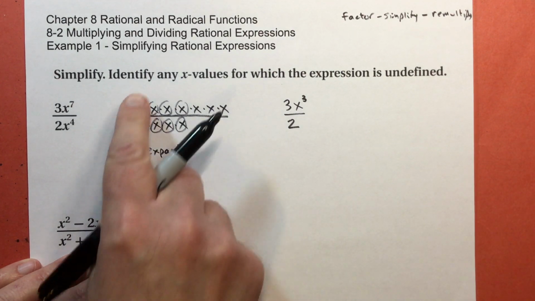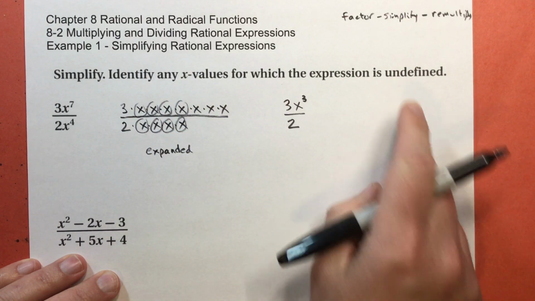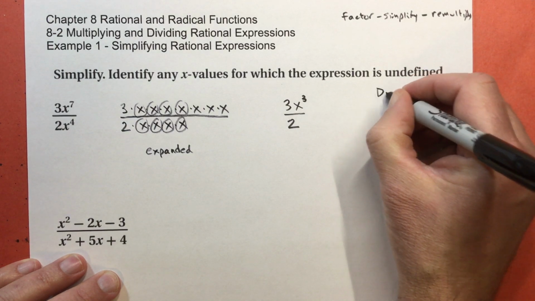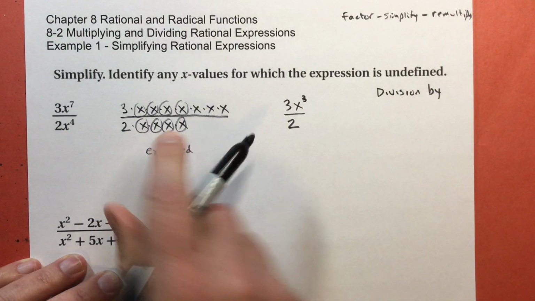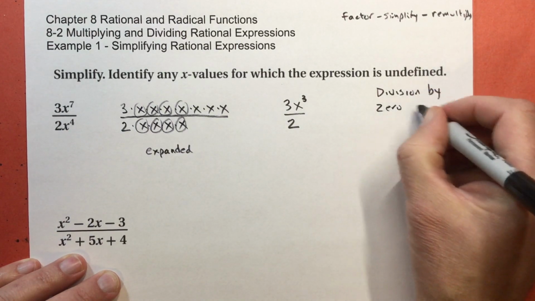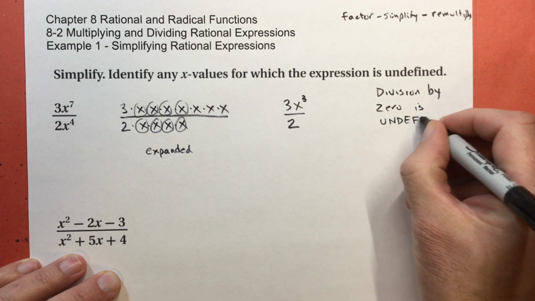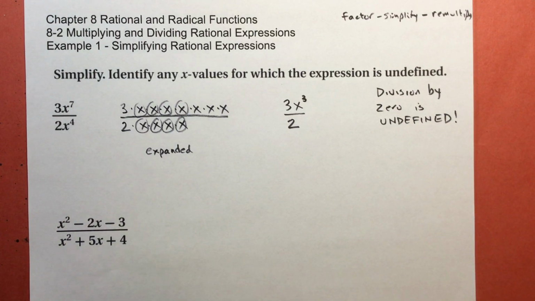The question does say identify any x values, that's what the x could equal, for which the expression is undefined. What does that mean? Okay, here's the deal. Division by 0 is undefined. That means in the denominator, down the bottom, any number that makes the denominator equal to 0 is going to make the expression undefined.